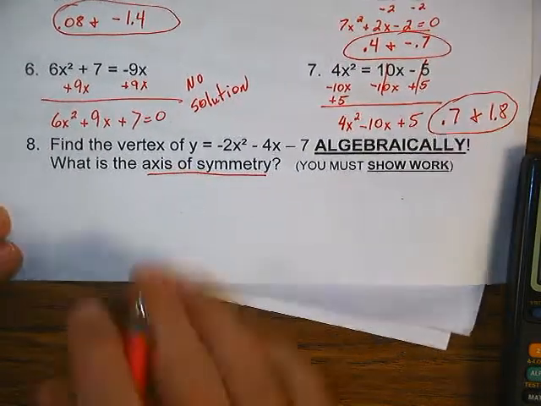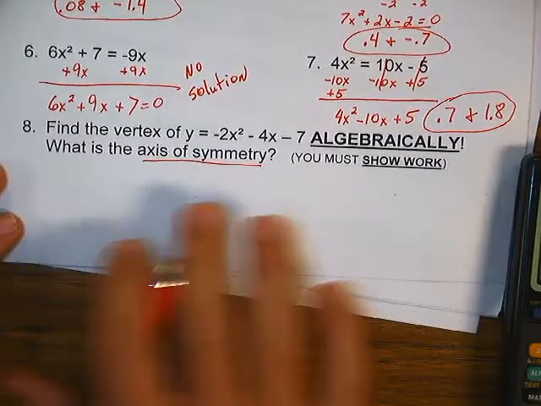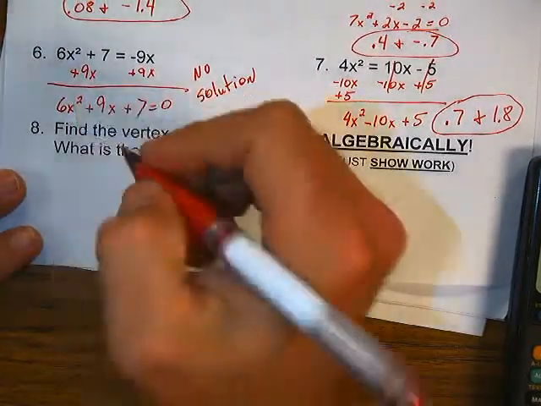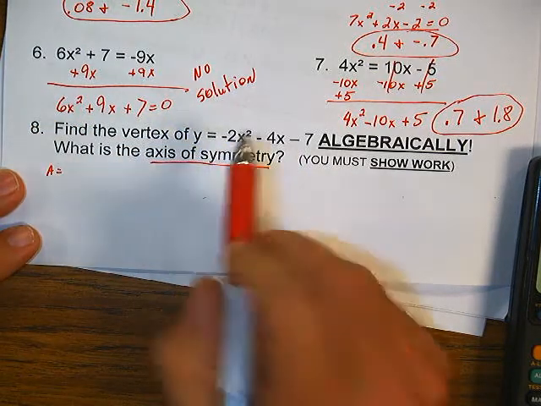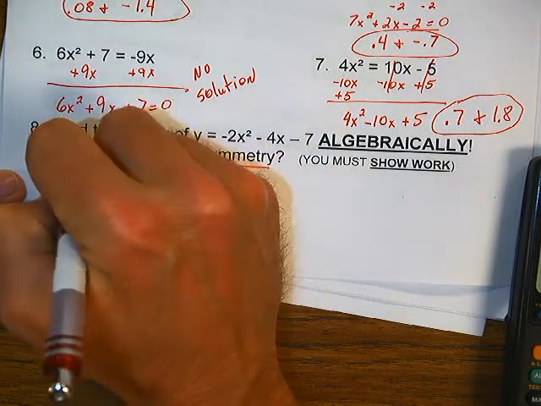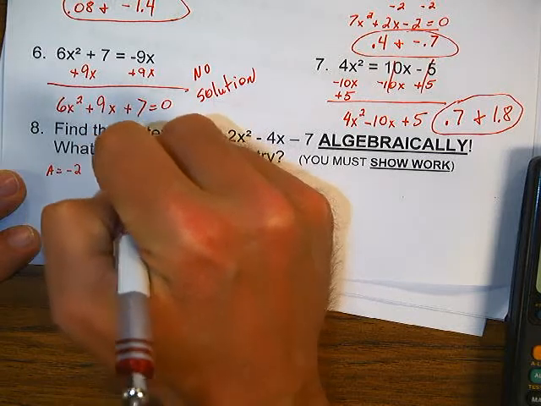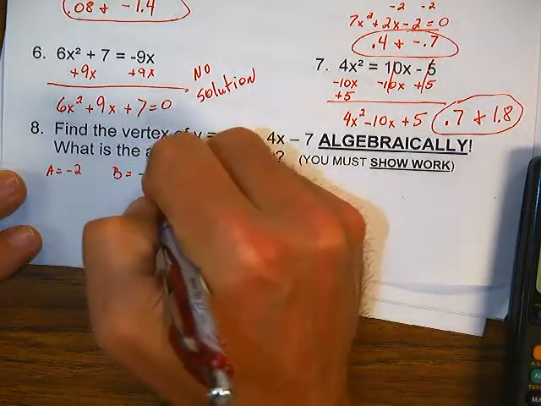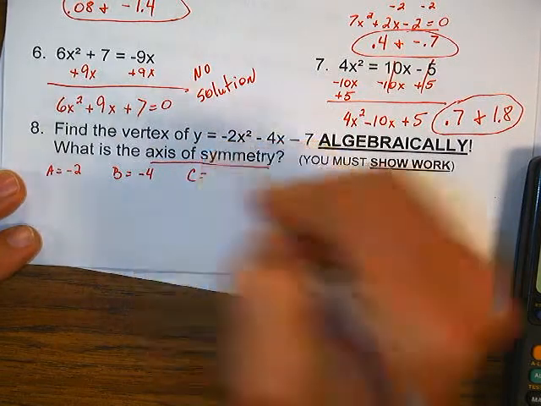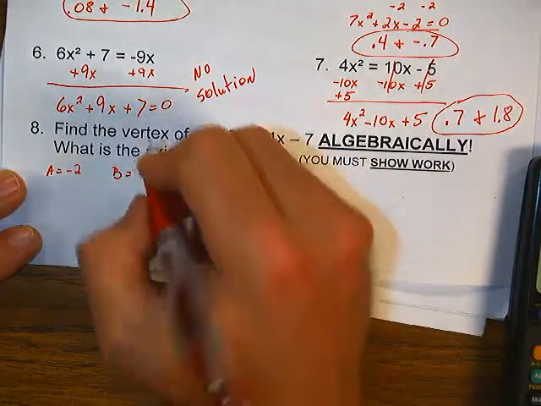This is where we came up with our A, B, and C. What would be my A? What's in front of the x squared? My A is negative 2. My B, what's in front of the x? Negative 4. And my C is negative 7.